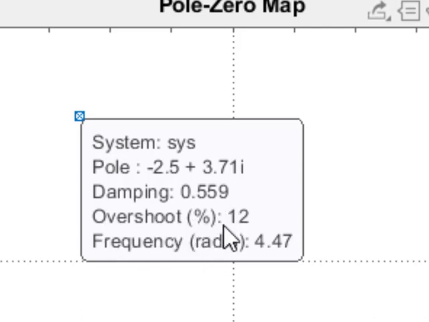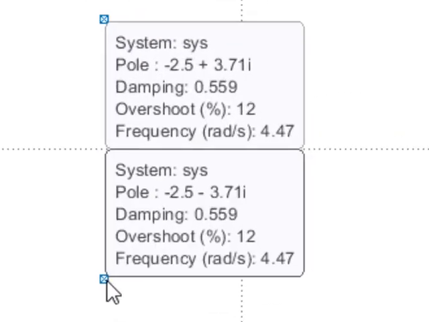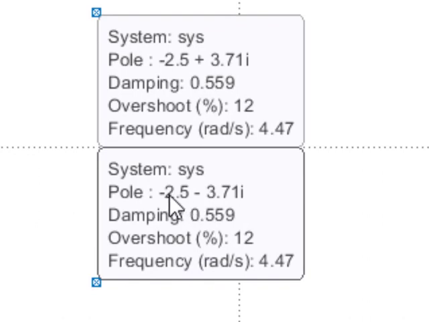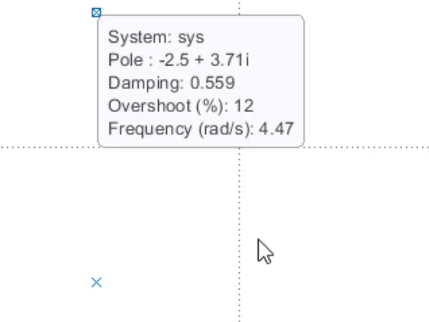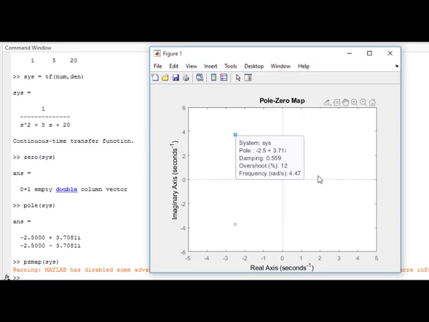And overshoot we have not yet calculated, but if you calculate by using the formula, you will get approximately 12%. Also we have calculated the natural frequency of 4.47 radian per second. Okay, all these values are verified. And for the second pole, you will get minus 2.5 minus 3.71 j, and the same remaining values are there. So this is the poles and zero map in MATLAB.